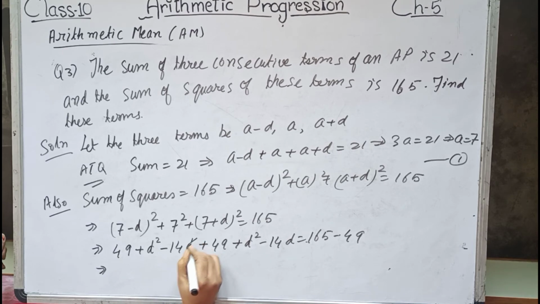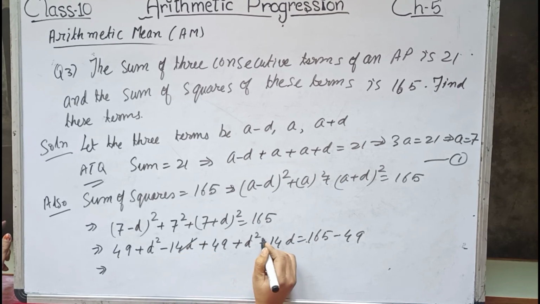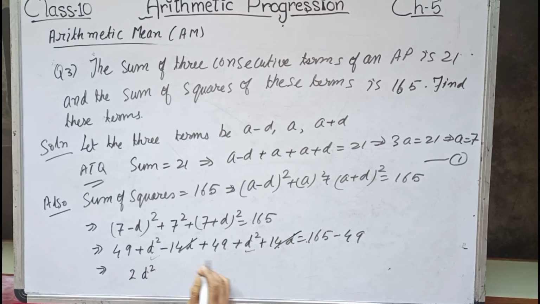Now this implies this minus 14d and plus 14d will be cancelled, and this d square will make 2d square.